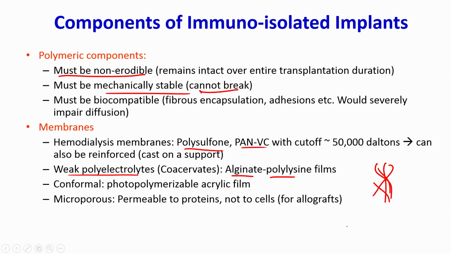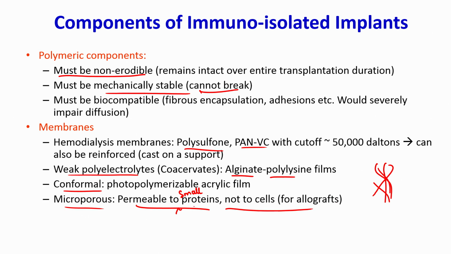The other example could be that they need to be conformal. So, what that means is let us say if this is going to go on a site which might not be straight, but round. So, these things can then surround that in a round shape as well. So, this should conform to the surrounding, as well as this should be microporous, which again goes back to what we discussed earlier, that it should allow permeation of some small proteins. So, permeable to small proteins, but not cells.